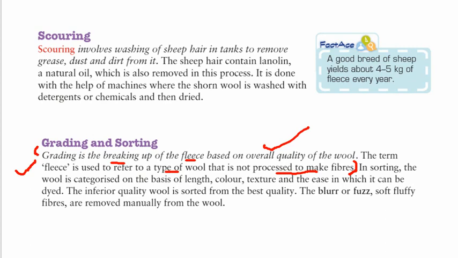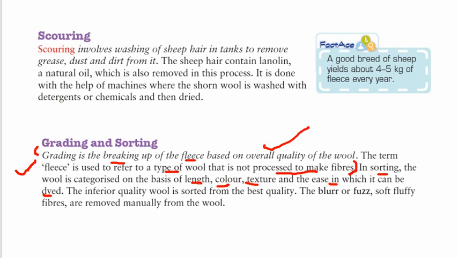Now the sorting method. In sorting, the wool is categorized on the basis of length, color, texture, and the ease with which it can be dyed.